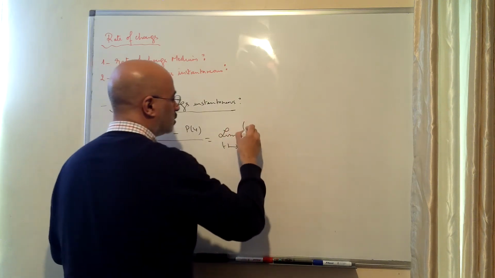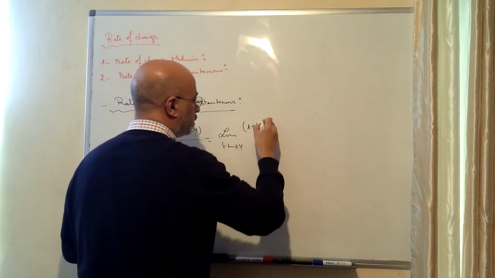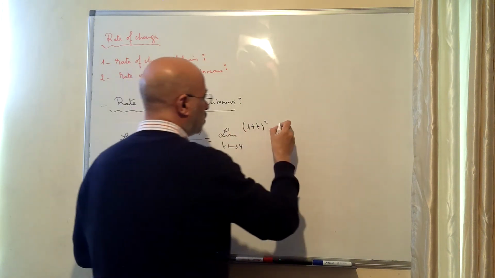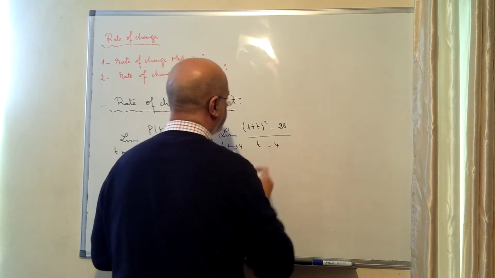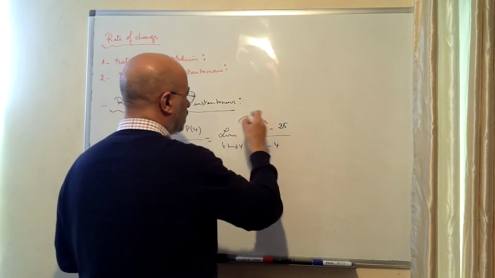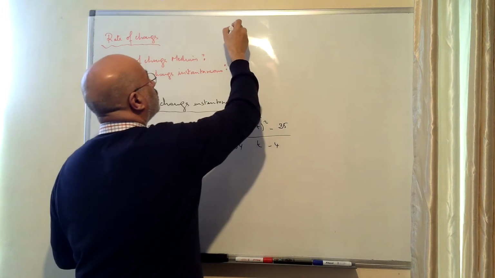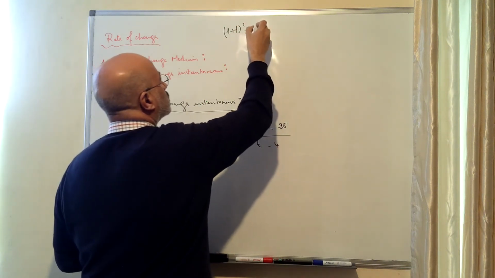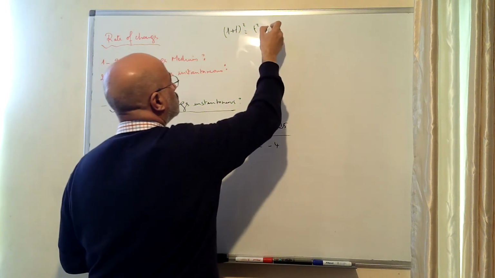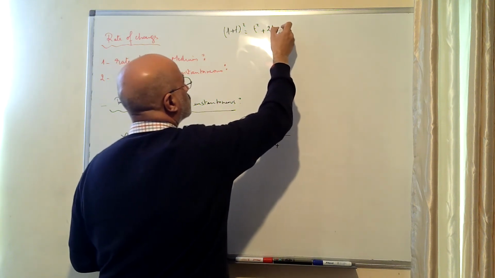P(t) is our function, (1 plus t) squared, minus P(4), which is 25, over t minus 4. This is an identity: (1 plus t) squared is t squared plus 2t plus 1.